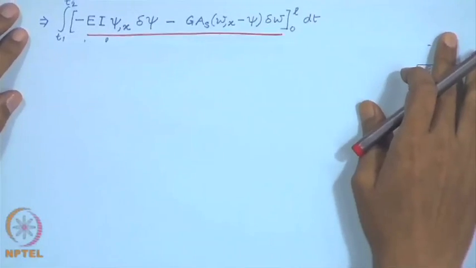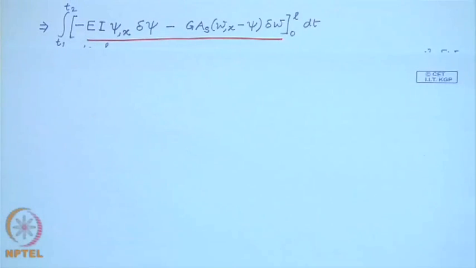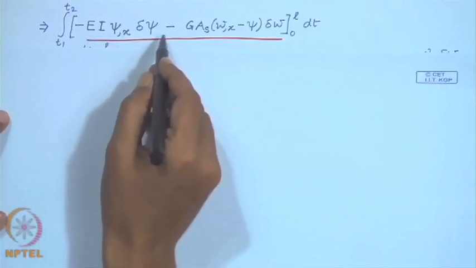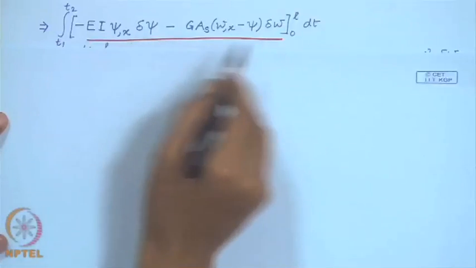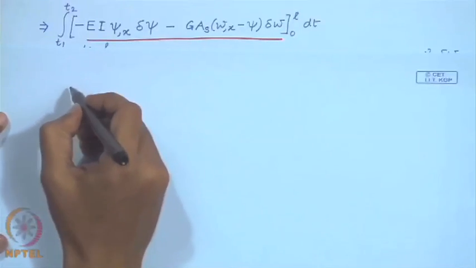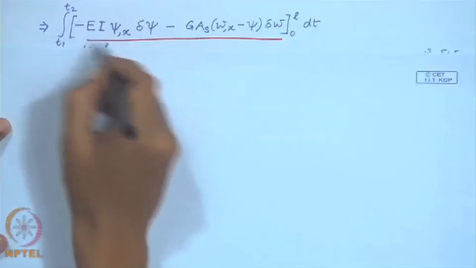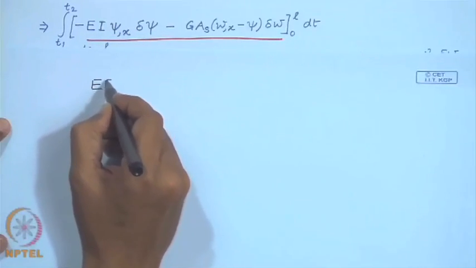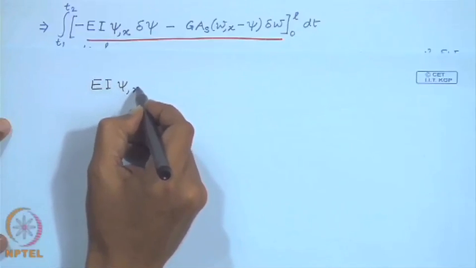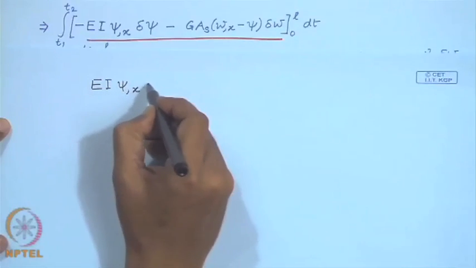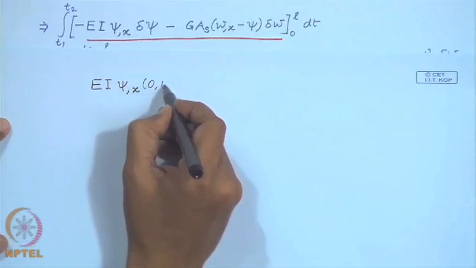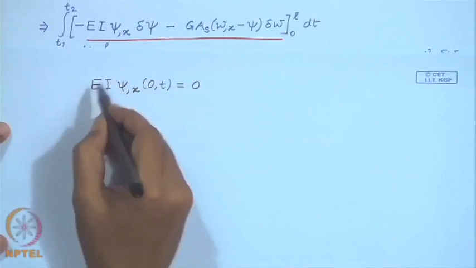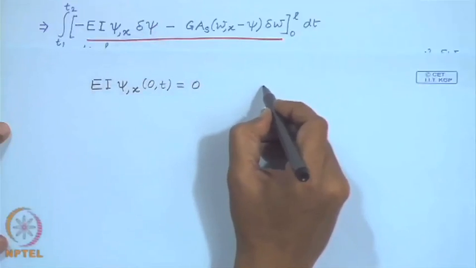So, let us look at the boundary conditions which we obtained from these boundary terms. Now, we have two field variables, and corresponding to these two we have the boundary terms. So, for example, for this, this is equal to 0 or psi.